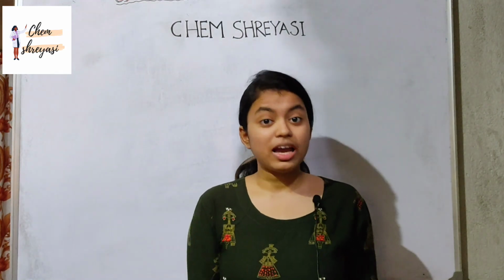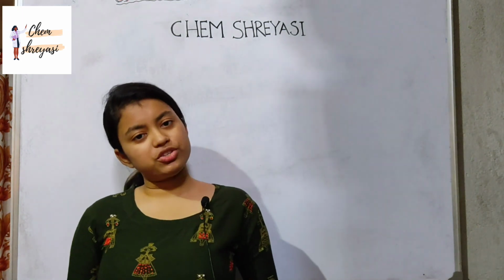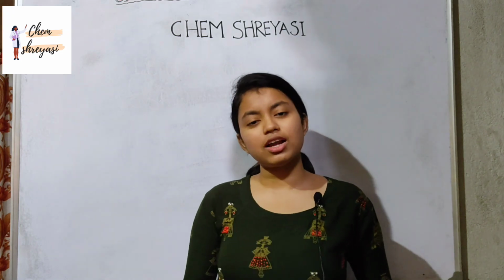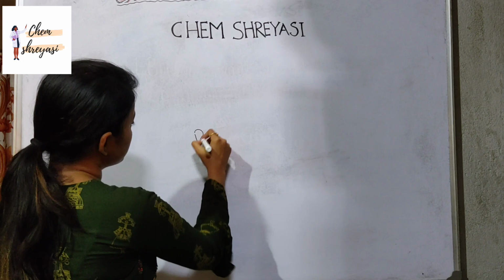Now this isomerism can be differentiated into 2 broad categories. The first one is the geometrical isomerism and the second one is the stereoisomerism. Geometrical isomerism can be further divided into 4 parts. The first one is position isomer.